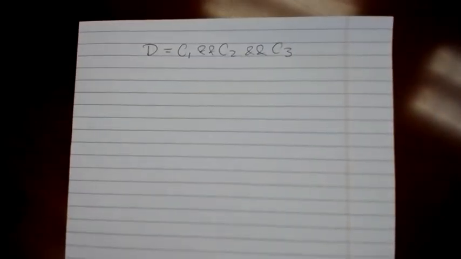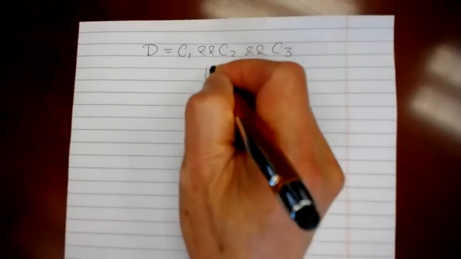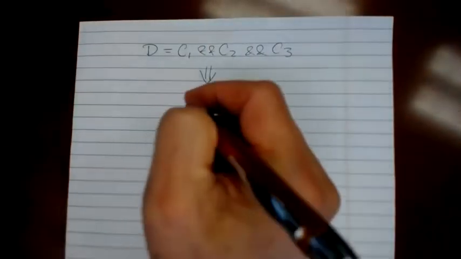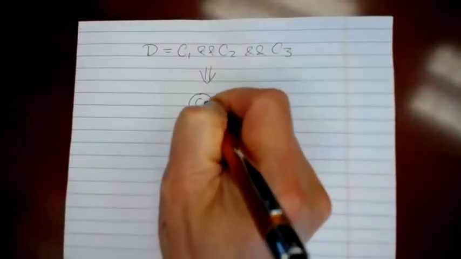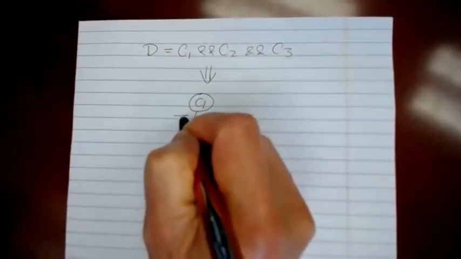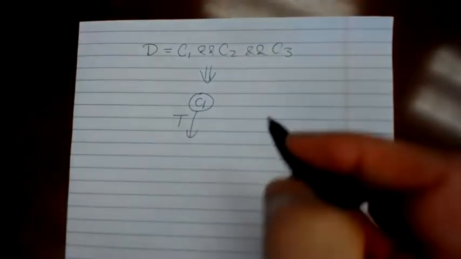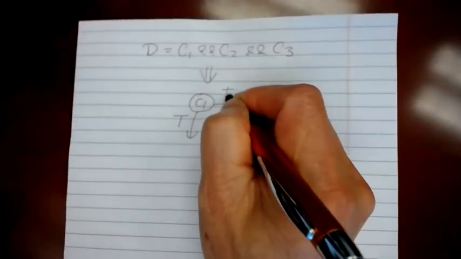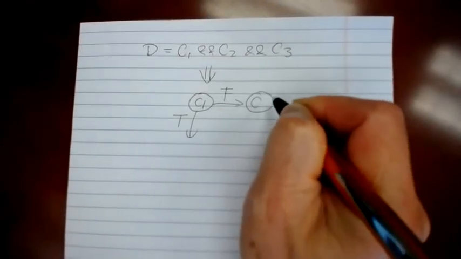What we need to do is refine it like this. When C1 is true, I come here. When it is false, I check C2.